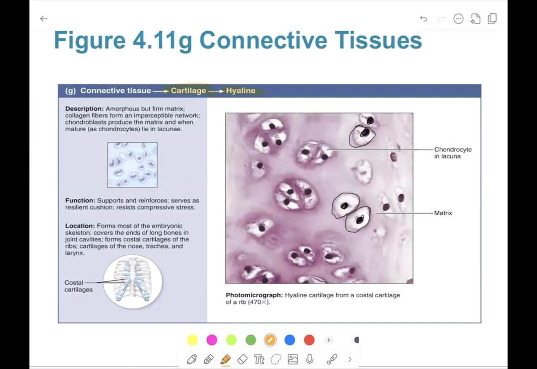It's amorphous, but it has a firm matrix. The collagen fibers form an imperceptible network, so we don't really notice them as much as we did in other types of connective tissue. Those chondroblasts produce the matrix, and when they're mature, they lie in the lacunae.